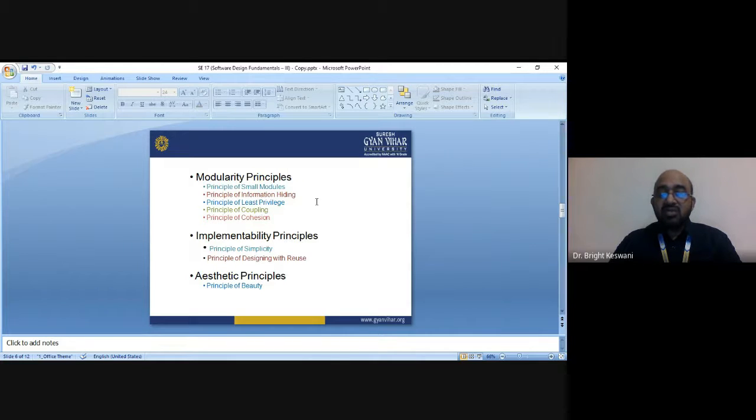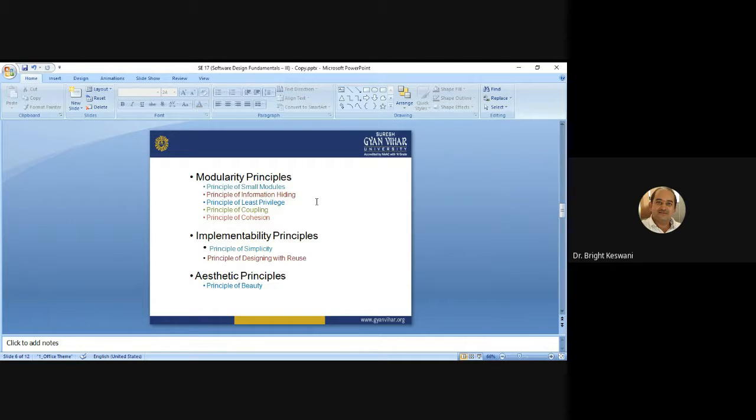Then the principle of cohesion. Let us discuss the principle of cohesion. What is cohesion? Cohesion means the connectivity and communication between the components of the same module. Cohesion is the degree to which a module's parts are related to one another.